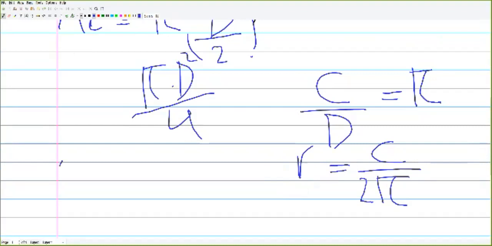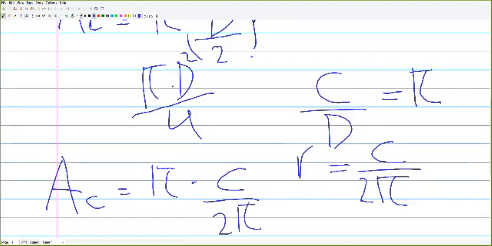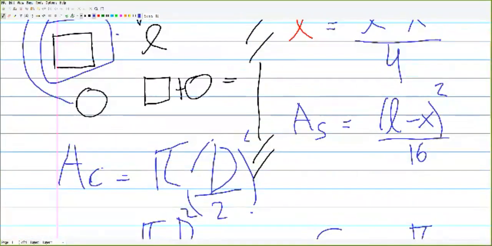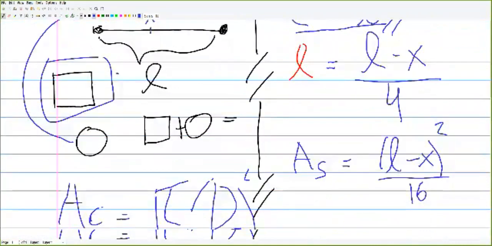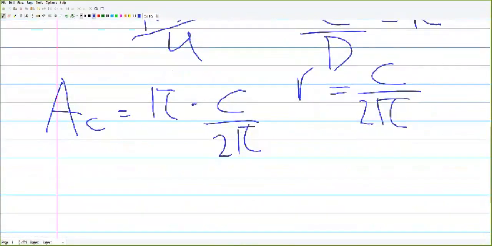Okay. So the area of the circle is equal to pi times r squared, which is c over 2 pi, and all of this is squared. But what is c? C, which is the circumference, is x, right? So that's the same thing as x divided by 2 pi, everything squared.